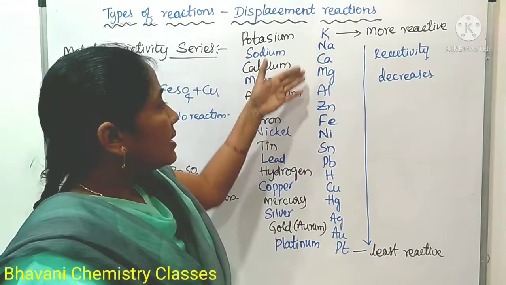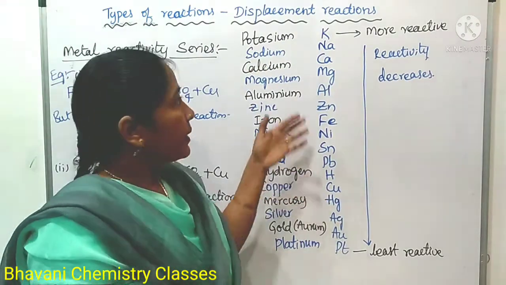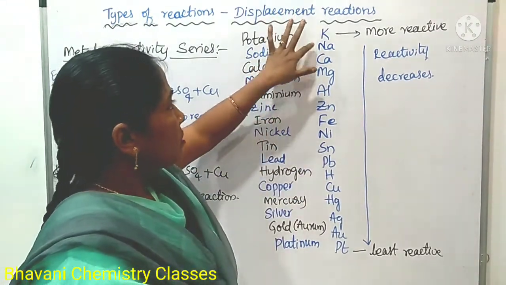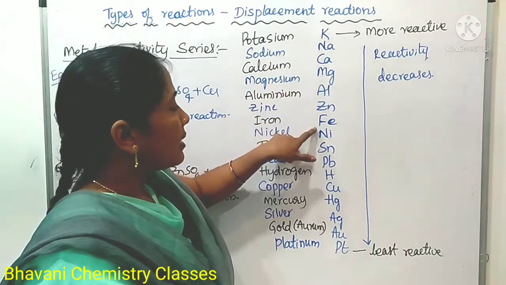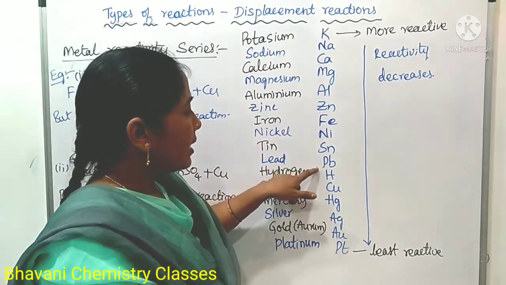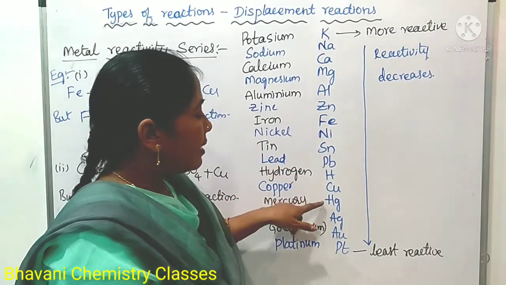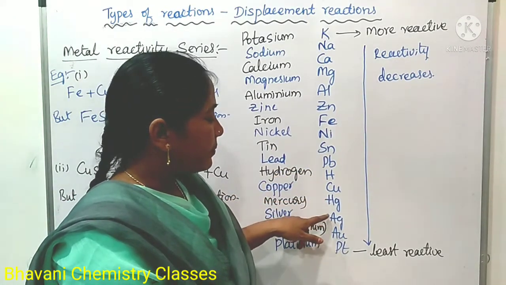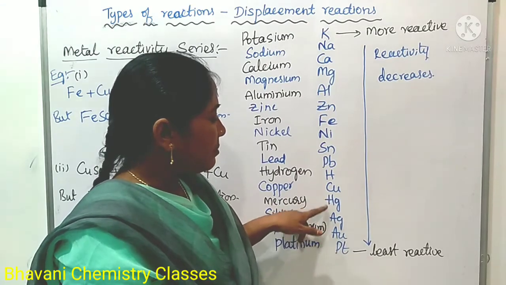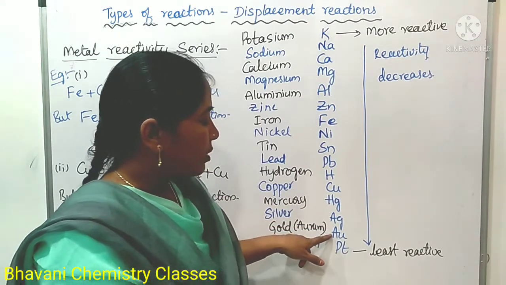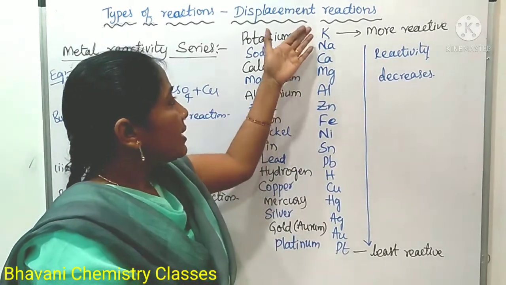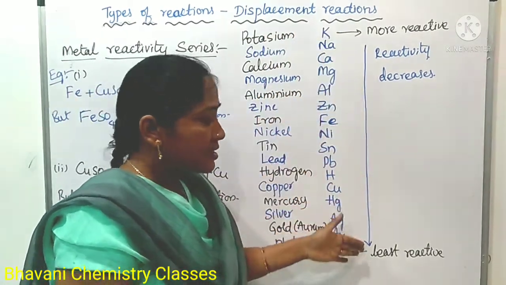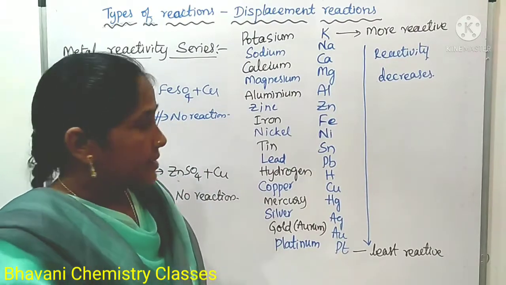Now let us see the sequence of the metals: potassium, sodium, calcium, magnesium, aluminium, zinc, iron, nickel, tin, lead, hydrogen, copper, mercury, silver, gold, platinum. In this, the reactivity decreases down the series.